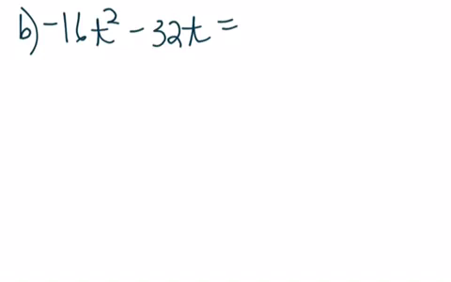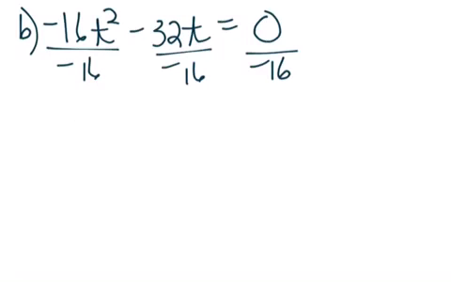Okay, but now we can still do part B, which says we have negative 16t squared minus 32t, but this time we want to know when it returns to the ground, which would be 0. The common factor is negative 16. So we have t squared plus 2t equals 0.